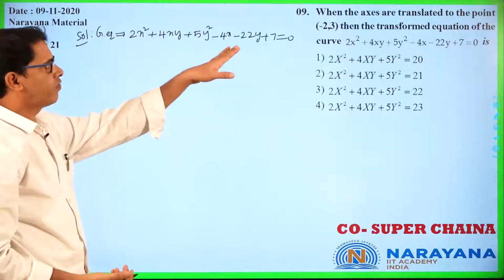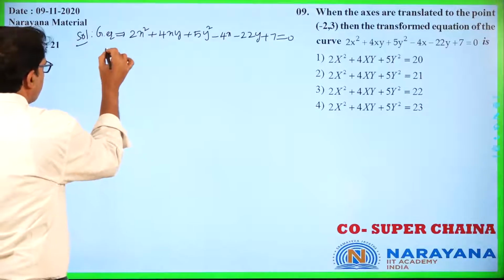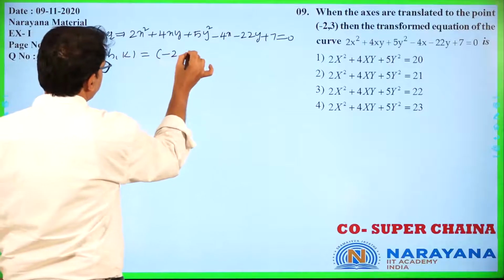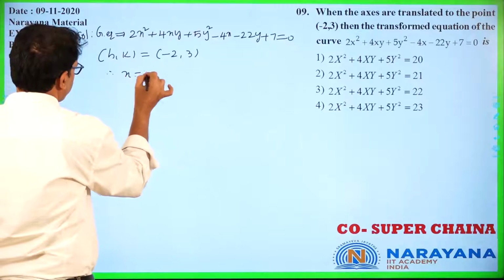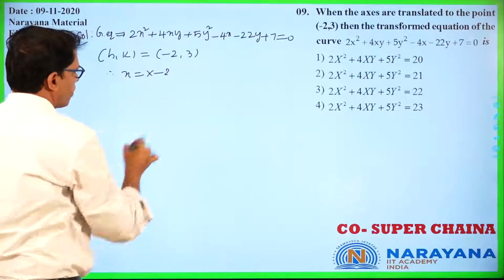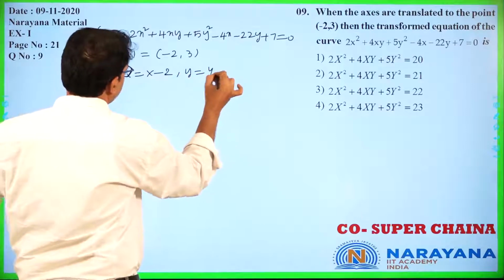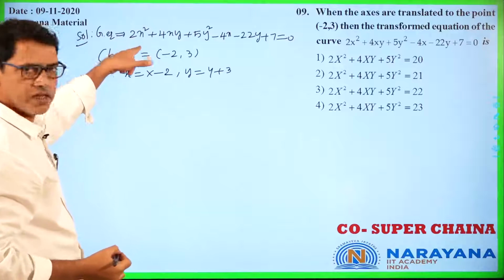So the translated point: h comma k equals minus 2 comma 3. Therefore, small x is equal to x plus h, so x minus 2, and small y is equal to y plus k, so y plus 3. Replace the values here.